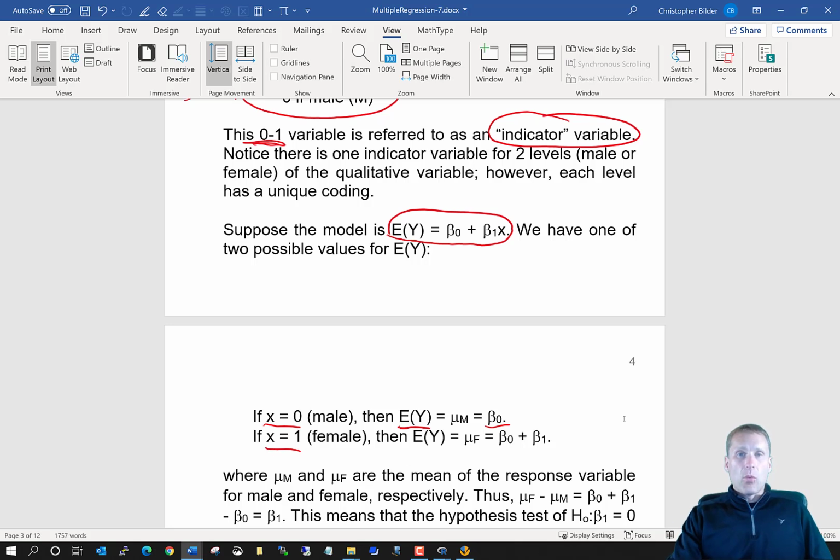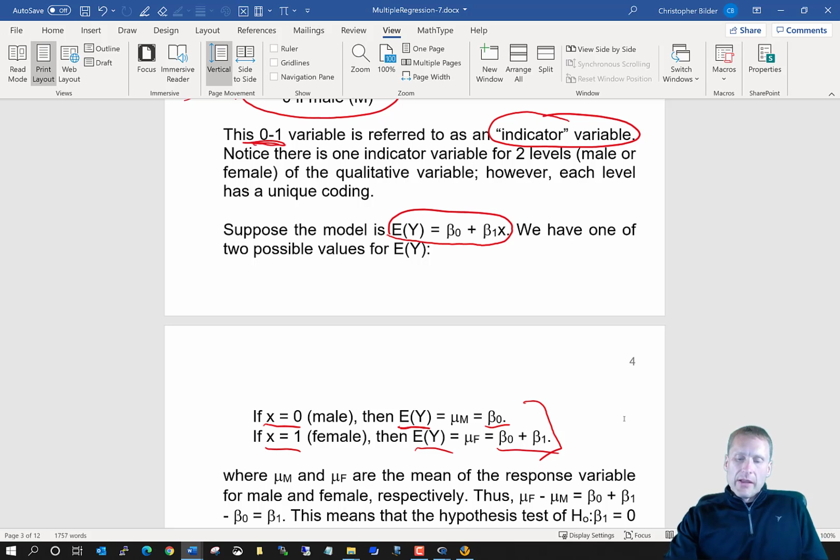If x is equal to 1 for female, the expected value of y is equal to beta 0 plus beta 1 times 1, or simply beta 0 plus beta 1. And so notice that here again, we have one independent variable, and due to that one independent variable, we have a unique representation in our model for both male and for female.